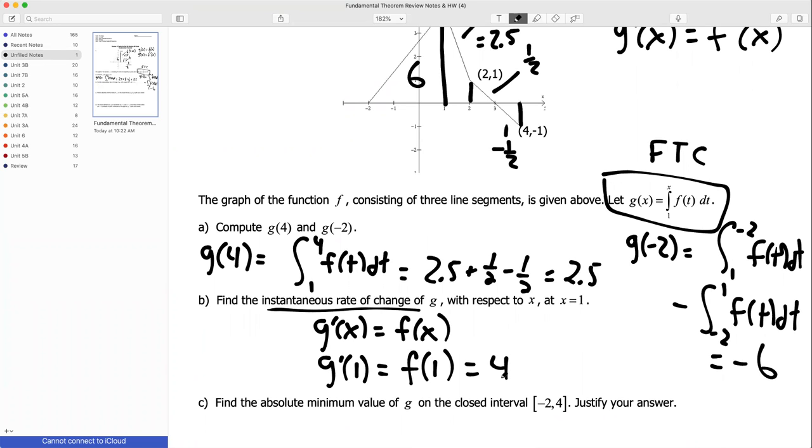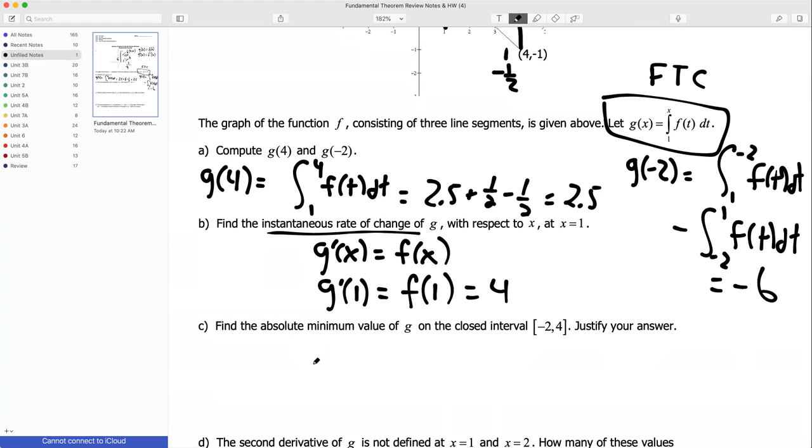Okay. And part C says find the absolute minimum value of g on the closed interval from -2 to 4. Justify your answer. If I'm finding a min or a max, it has to be at a critical point, or since the endpoints are defined, it could be an endpoint.